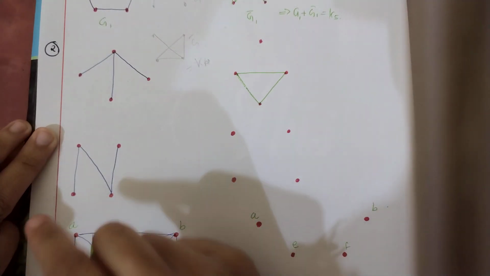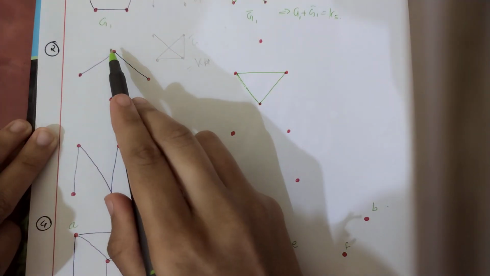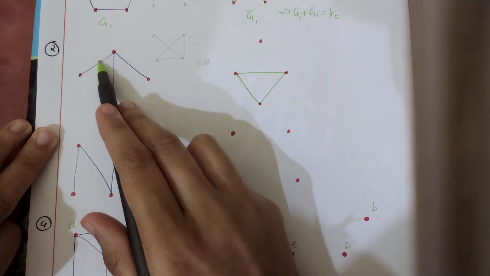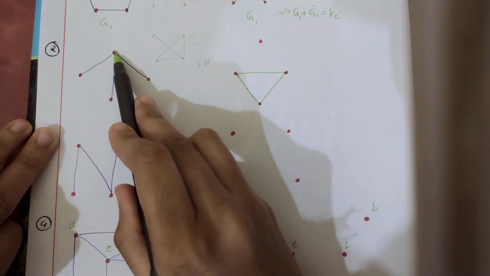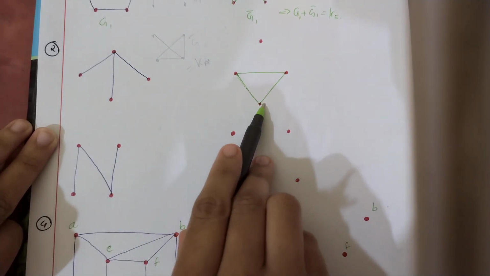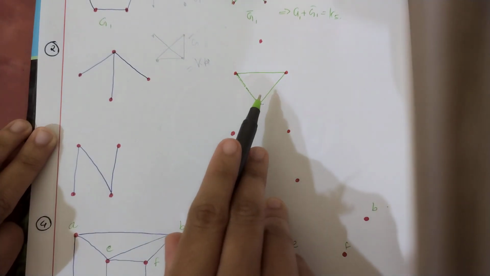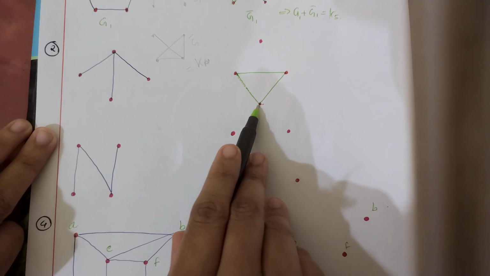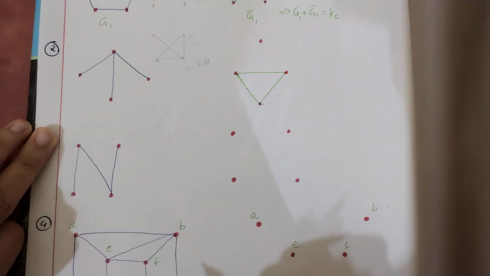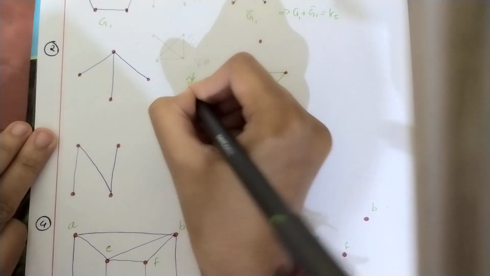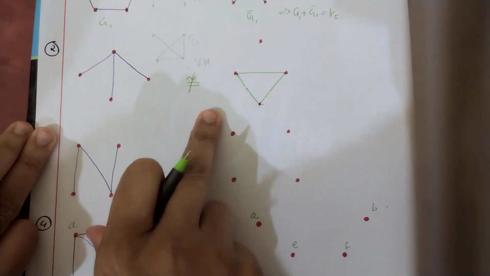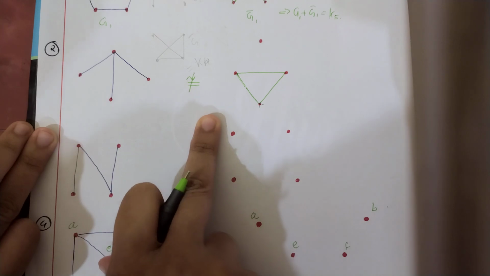But then you can see that there is one vertex here which has 3 edges incident on it, whereas there is no vertex here which has 3 edges incident to it. So it is not isomorphic. Since it is not isomorphic, you cannot say that it can form a self-complementary graph.